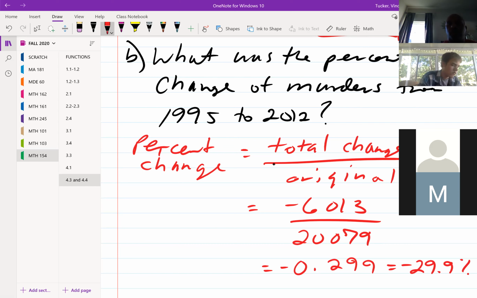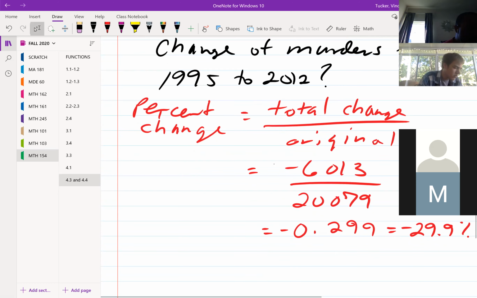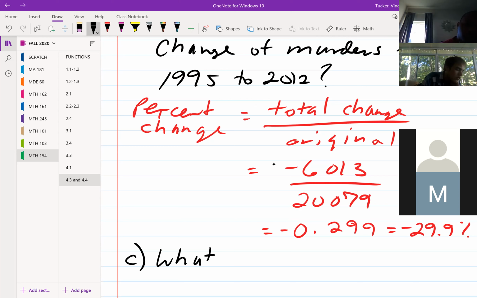All right. All right. So now C. What crime rate experienced the largest change from 95? Another one.